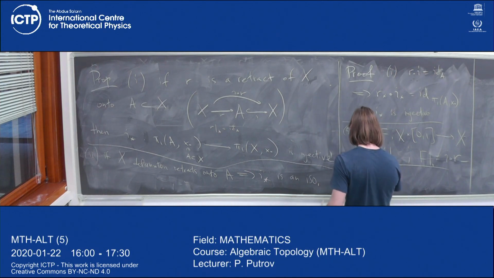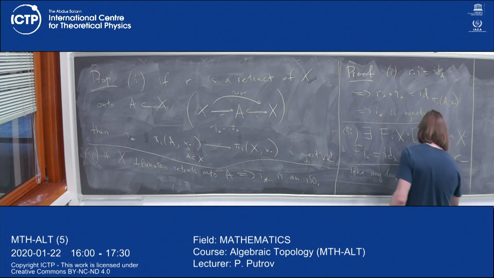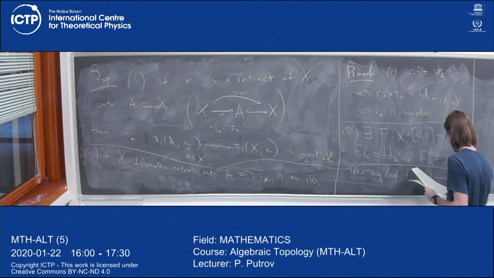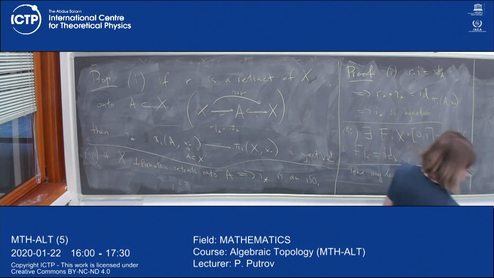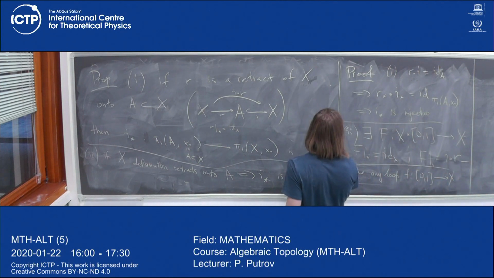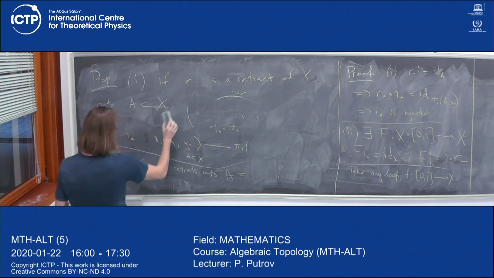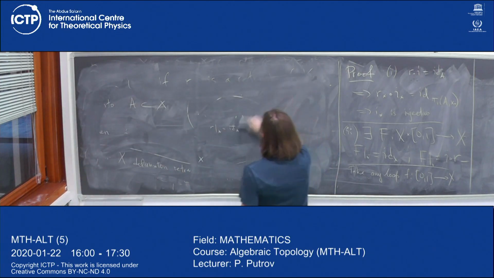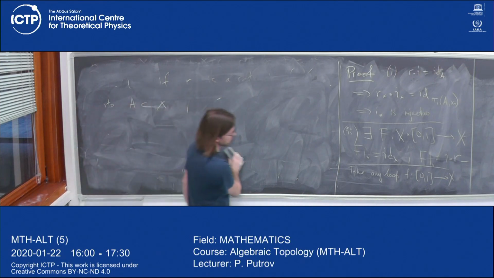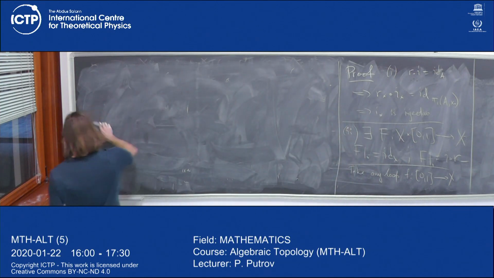So let me take any loop f inside X. I want to show that its class is I star of something. This will show that I star is surjective.